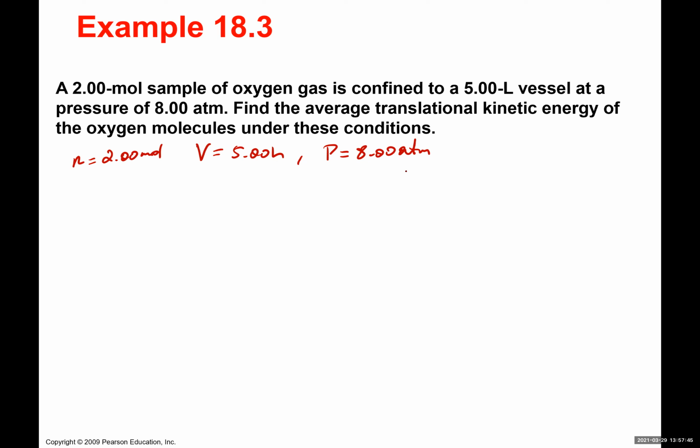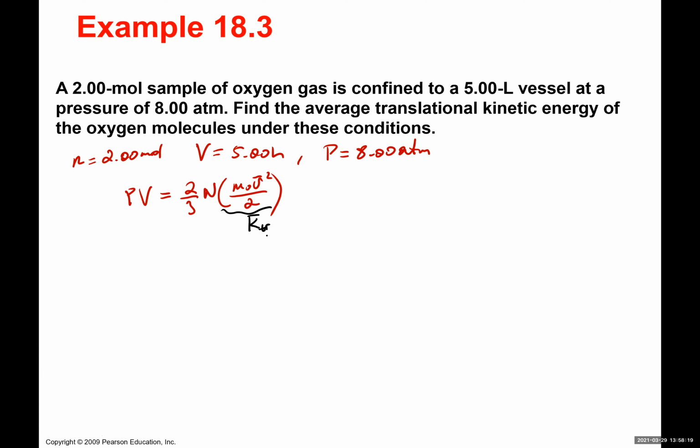Now, if you remember, we had PV equals 2/3 N times m_0 v average squared over 2. That was the equation I showed you. In the parentheses, this is the average translational kinetic energy.